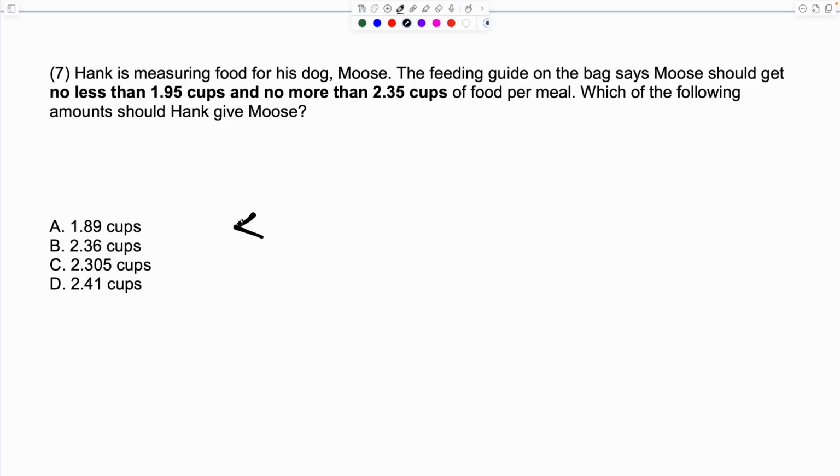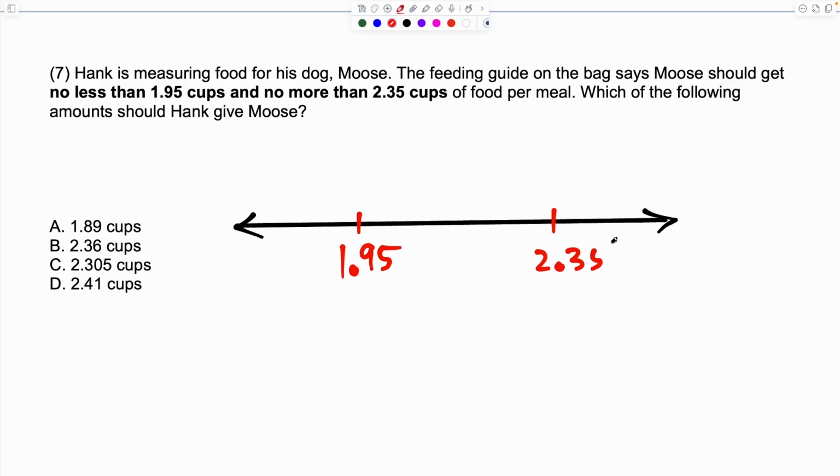I'm just going to draw out a number line and cut it at a certain place. I'm going to mark this number line here at 1.95, and then 2.35. If we reread this, and when you're going through word problems, rereading is a very important thing to do. That gives you a very clear idea of what the question is asking.